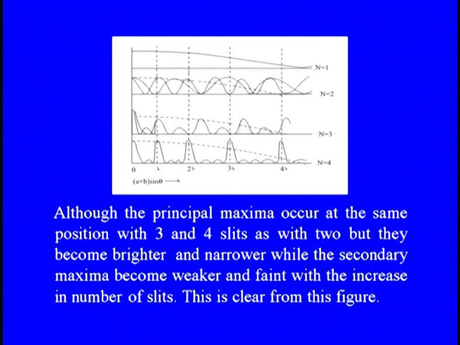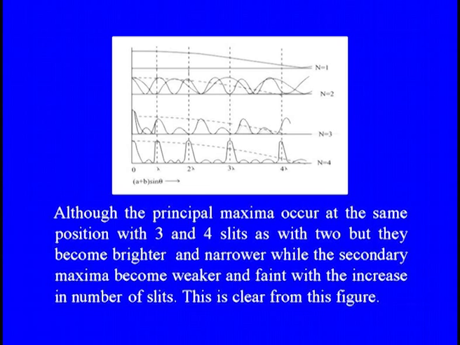Although the principal maxima occur at the same positions with 3 and 4 slits as with 2, they become brighter and narrower, while the secondary maxima become weaker and fainter with the increase in the number of slits. This is clear from this figure.